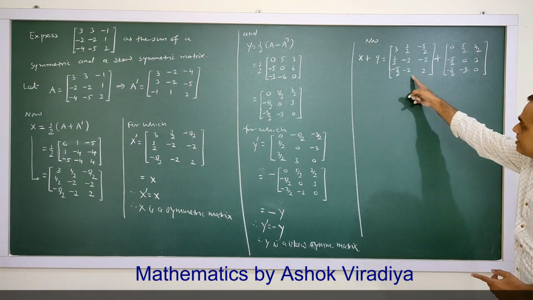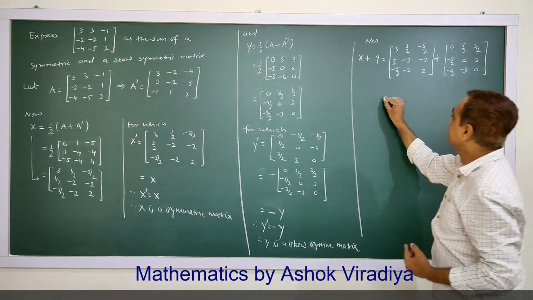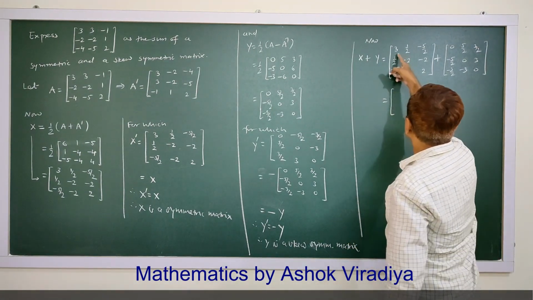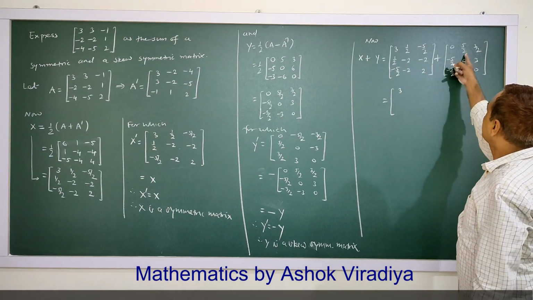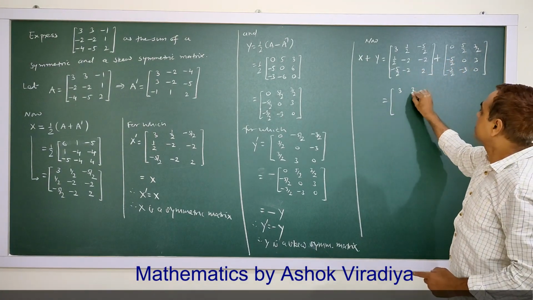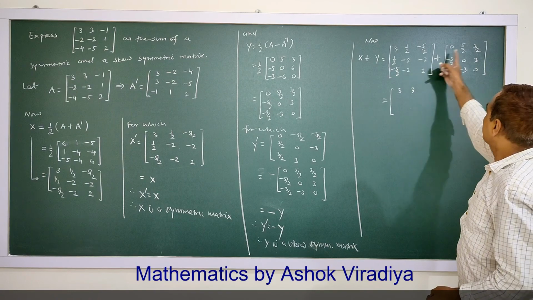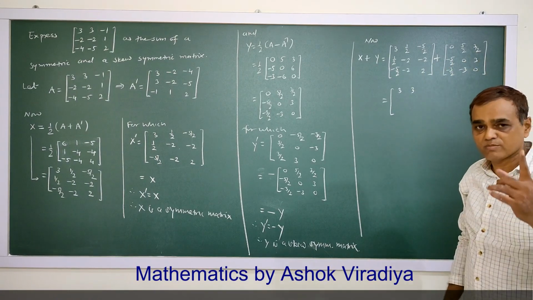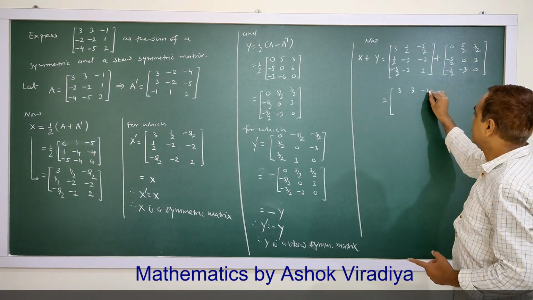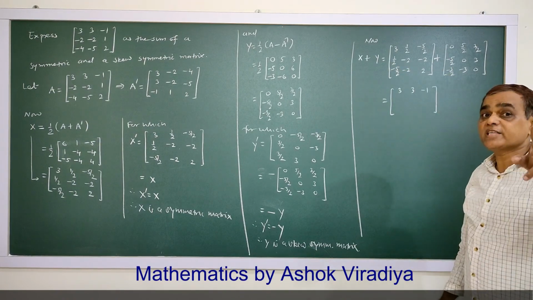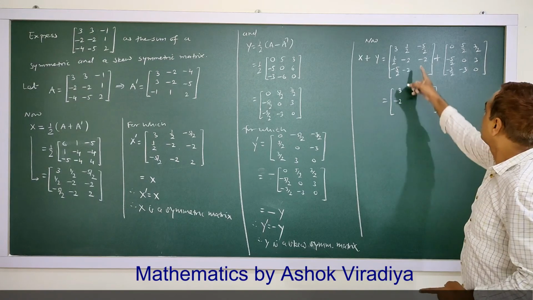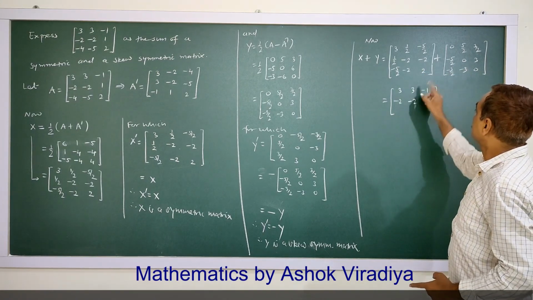This is symmetric, this is skew symmetric, and their sum is 3 plus 0 is 3. 1 by 2 plus 5 by 2 is 6 by 2, 6 by 2 is 3. Minus 5 by 2 plus 3 by 2 is minus 2 by 2, that is minus 1. 1 by 2 minus 5 by 2 is minus 4 by 2, that is minus 2. Minus 2 plus 0 is minus 2.